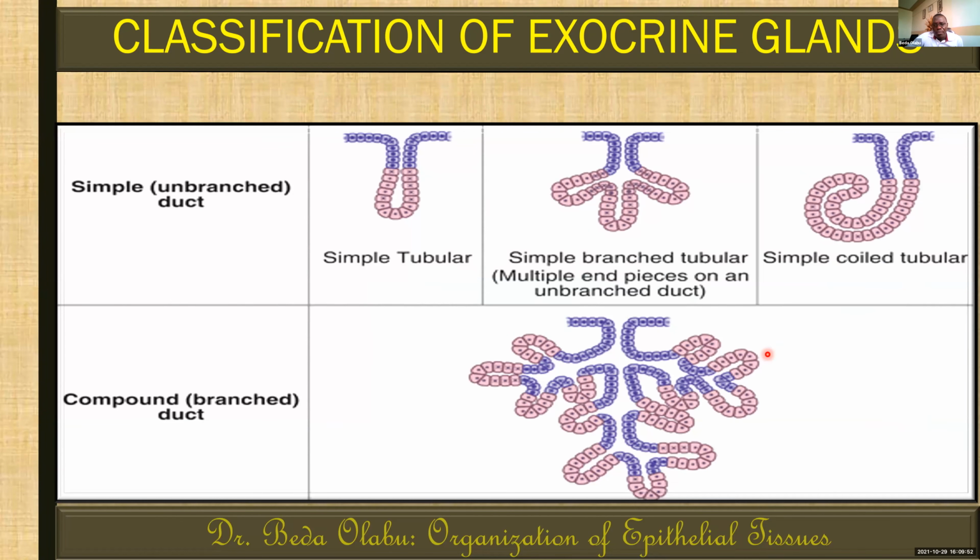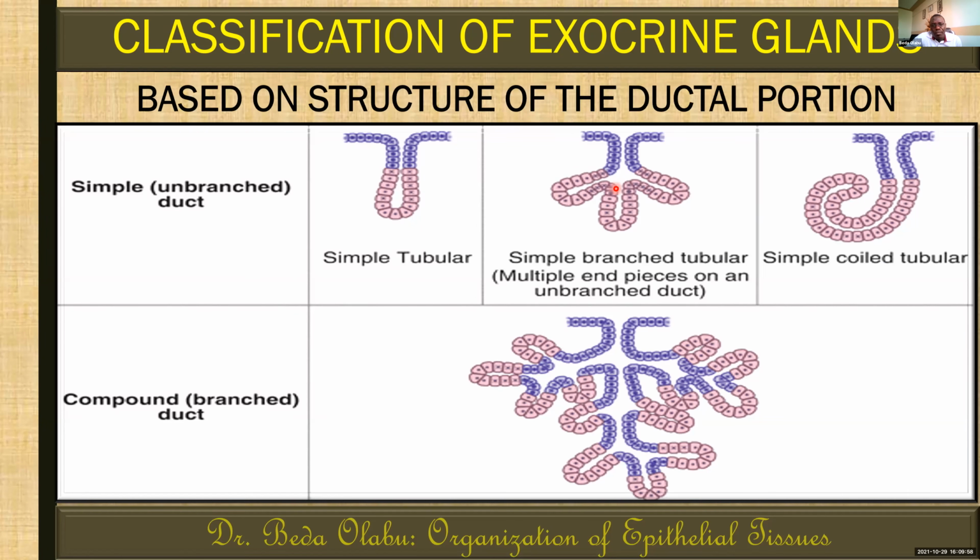So this just shows you some examples of that. We can also classify exocrine glands based on the morphology of the ductal portion. If the ductal portion is single, not branching, then we call it a simple gland.